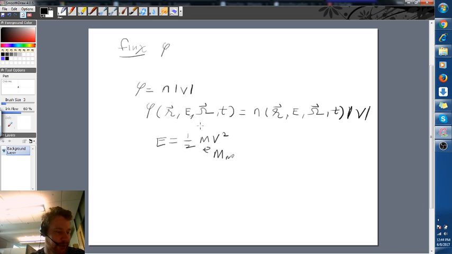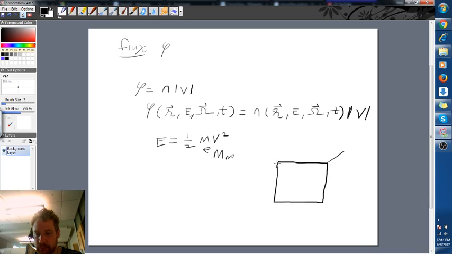So that is the definition of the flux. And how this is usually interpreted is if I have a unit volume, let's say. Sorry, and I actually forgot there should be a little vector arrow because velocity is a vector valued function.